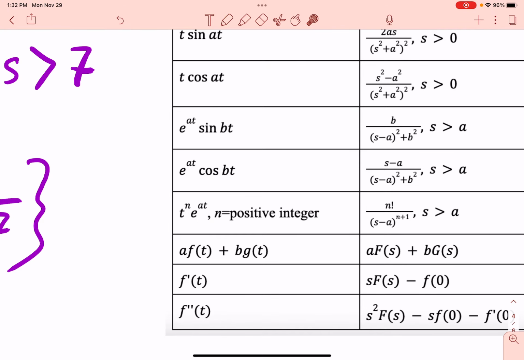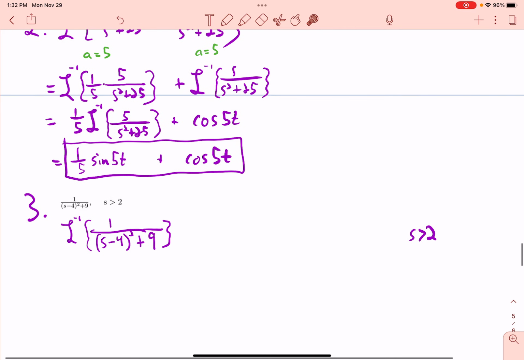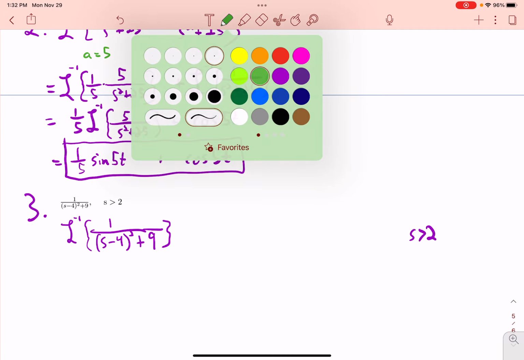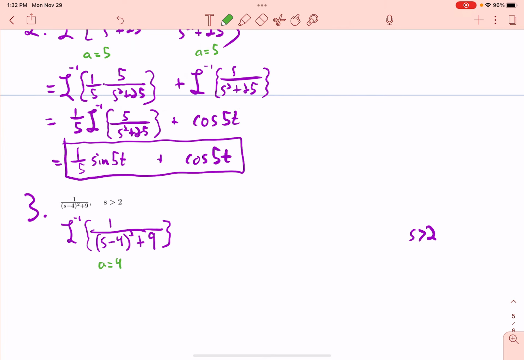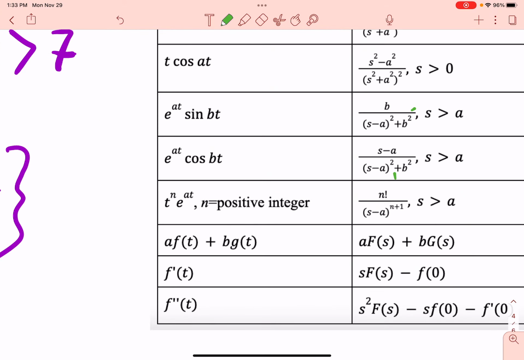That means that a must be equal, in this case, to 4. Because of the s minus 4 that is squared, we get that a is equal to 4. And then, similarly, the number that comes afterwards, the plus b squared, here we have plus 9.